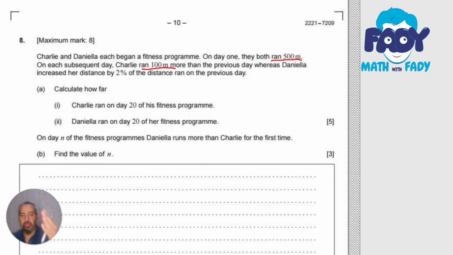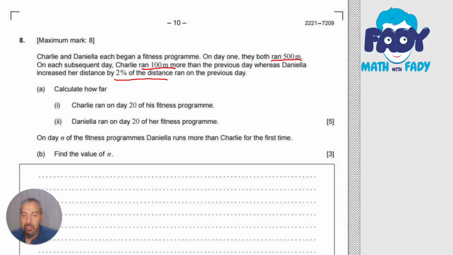Each term of the sequence we're adding a fixed 100 meters. But Daniela is following a geometric sequence, because her distance increased by 2% of the distance run on the previous day. So we are measuring how many meters she ran yesterday, and we calculate 2% of that.